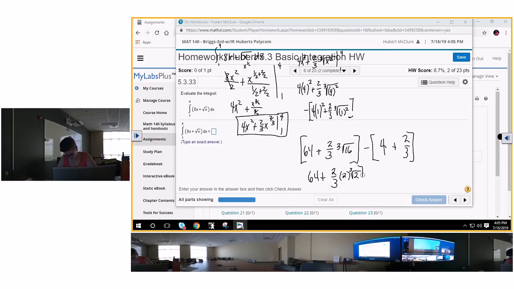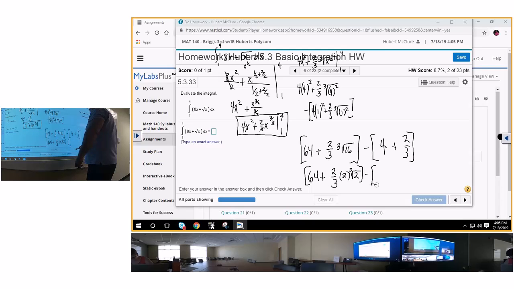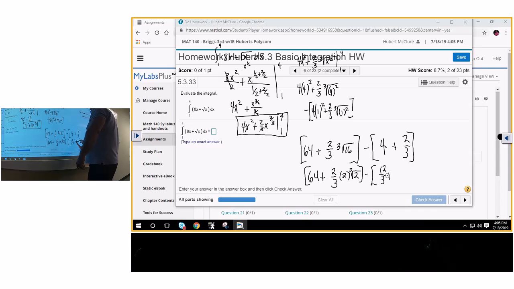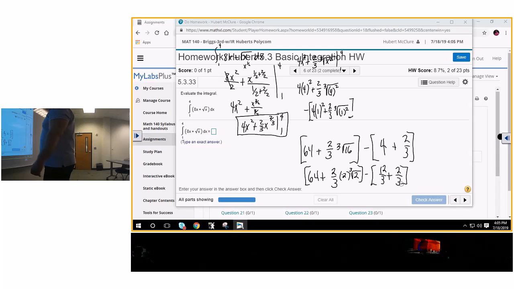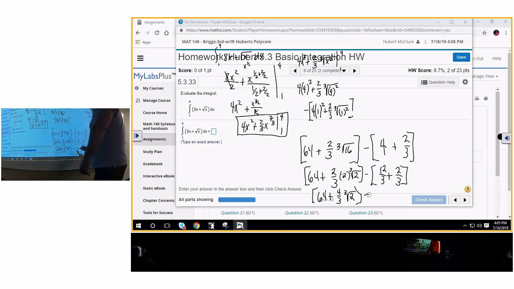Minus, I don't know why they wanted to stick that in there, but anyway, minus 12 thirds plus 2 thirds. Well, that's going to be 64 plus 4 thirds cube root of 2, minus 14 thirds.